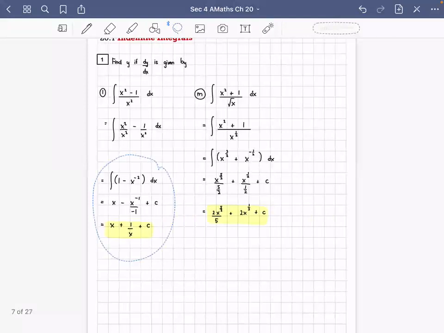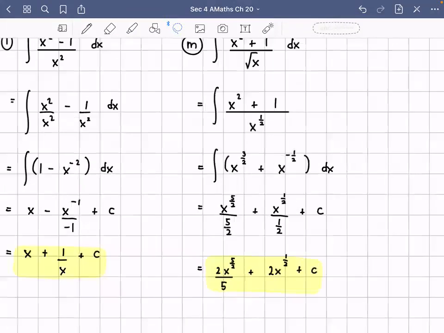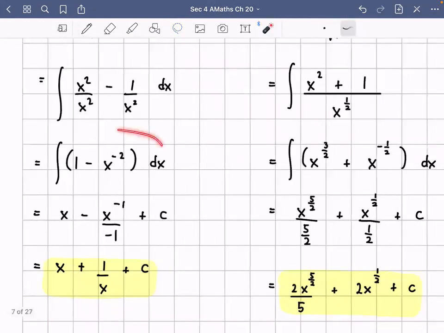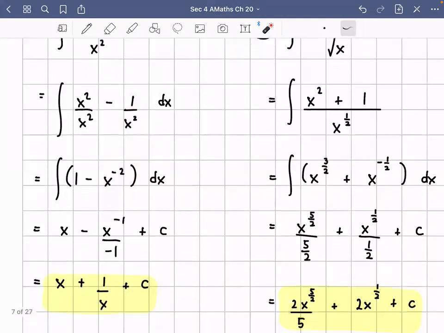So this is our new question. It becomes 1 from here minus x raised to negative 2 from here. How do we integrate this? Integrate 1 by 1. What is the antiderivative of 1?